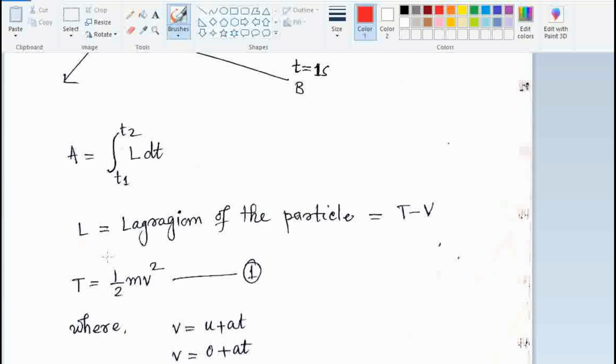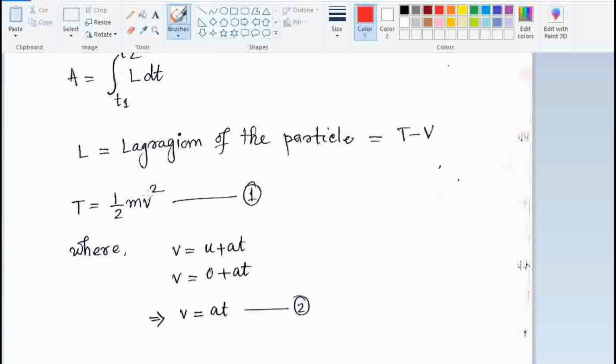And how to find the kinetic energy? Kinetic energy is nothing but half m v square, where v is the speed of that block at any time. Now this v can be calculated from the equations of kinematics. If you apply Newton's first kinematics equation, v equal to u plus at.